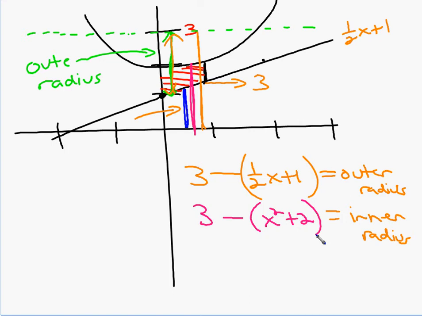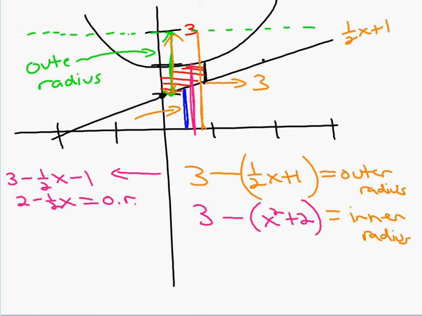Now those are kind of ugly right now, but we can clean them up a little bit. I can take this one and make it 3 minus 1/2 x minus 1. So it's just 2 minus 1/2 x. And there is my outer radius, OR.